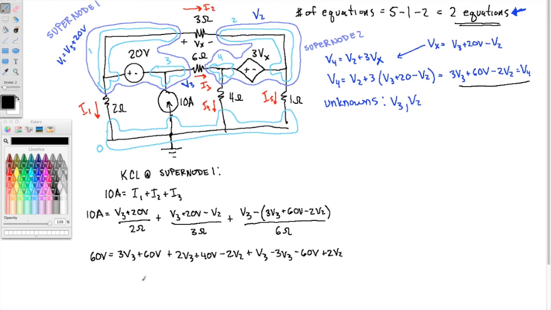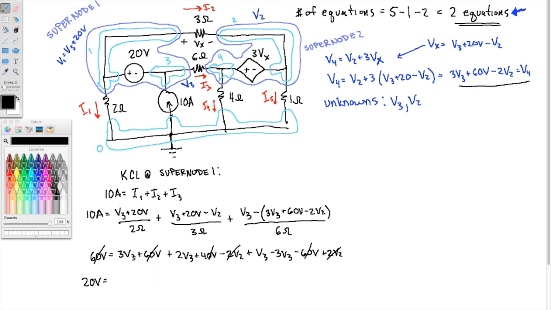Alright, so I can work on this a little bit. The 60 volts and the 60 volts cancel. I've got a 40 and a minus 60. So that makes minus 20, and I move it to the other side so I get plus 20 volts. I've got a 2V2 and a minus 2V2, so they're gone. So I'm left with only V3s.